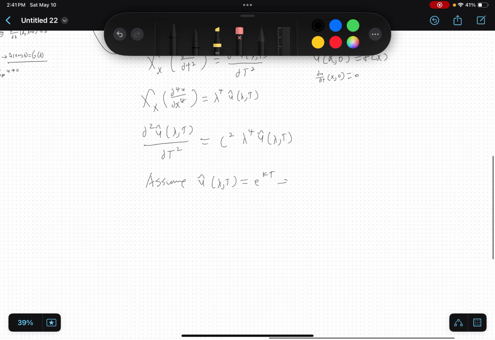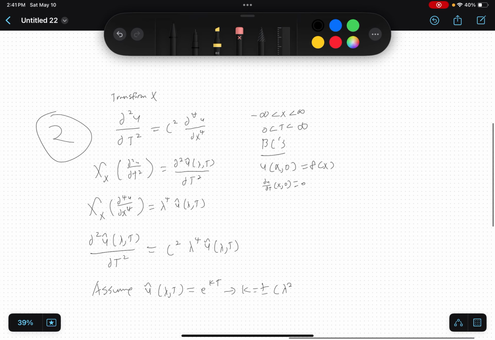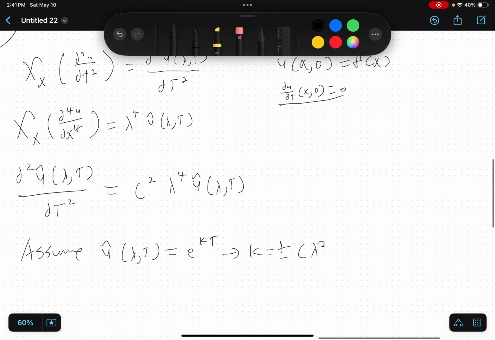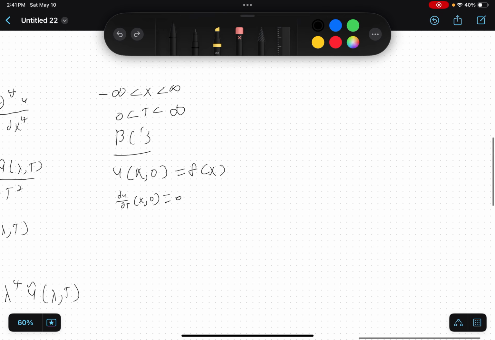We got k equals, I'm skipping steps here, but I don't really care, plus minus c lambda squared. What are our boundary conditions? Got to transform boundary conditions.